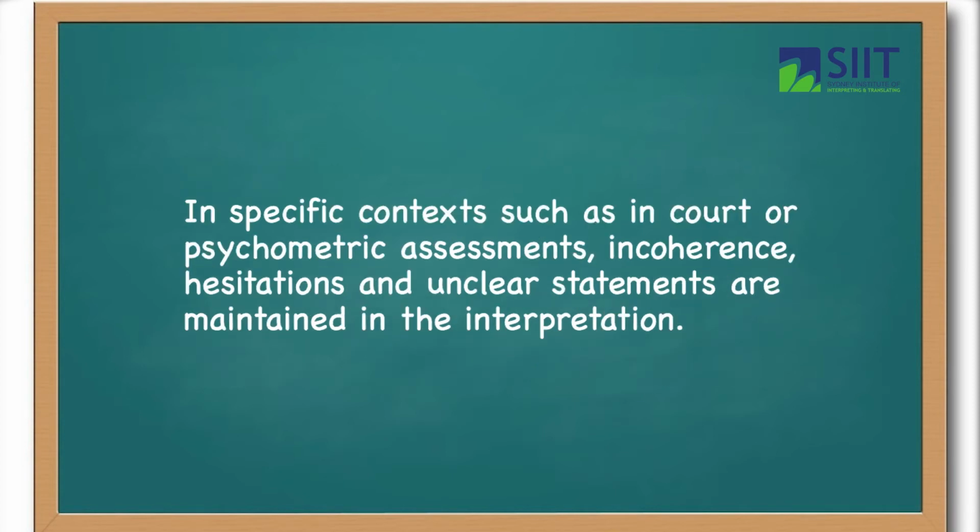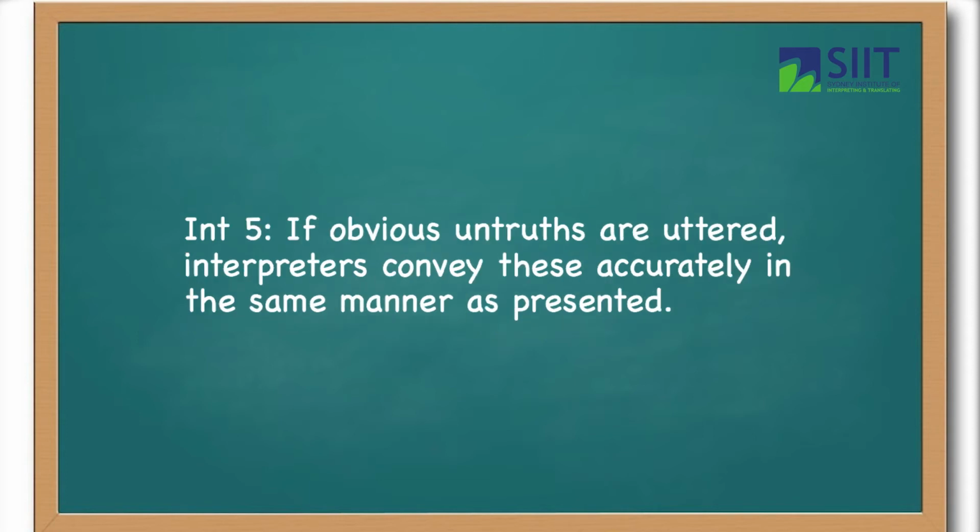In specific contexts such as in court or psychometric assessments, incoherence, hesitations, and unclear statements are maintained in the interpretation. And fifth, if obvious untruths are uttered, interpreters convey these accurately in the same manner as presented.